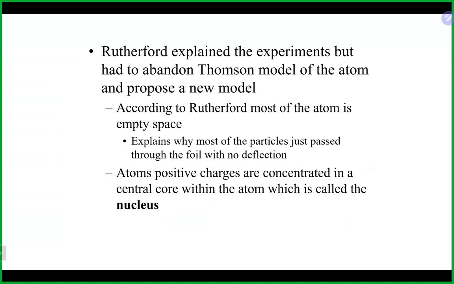The Rutherford model, the really current model of the atom, is mostly empty space. That is accounted for based on the fact that we saw those alpha particles really not have any problem. They weren't really deflected. So there's a lot of empty space within the atom.